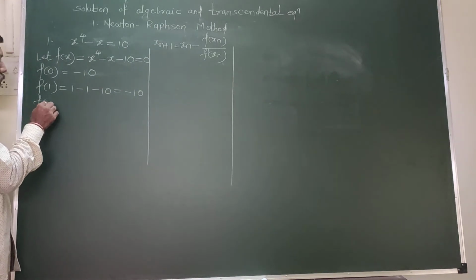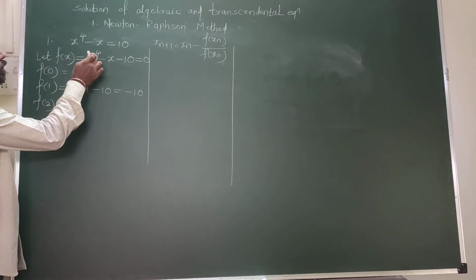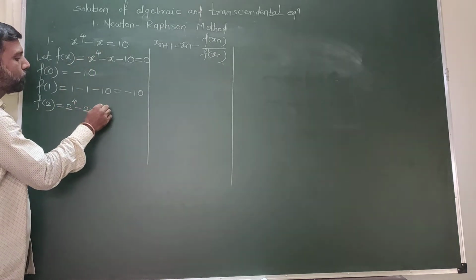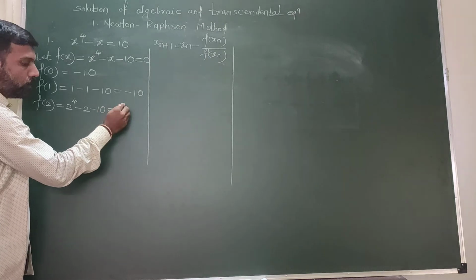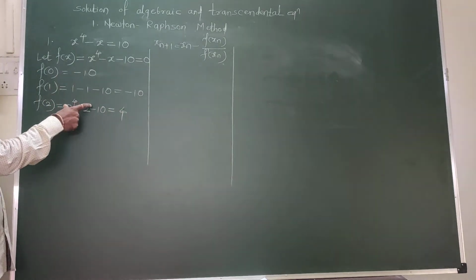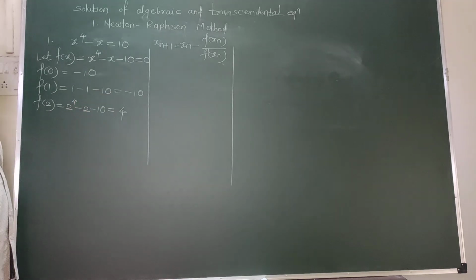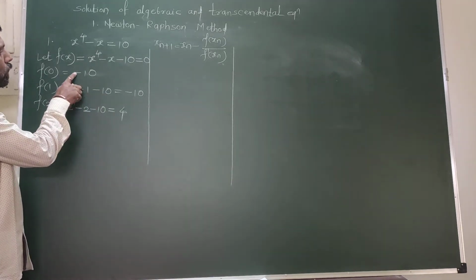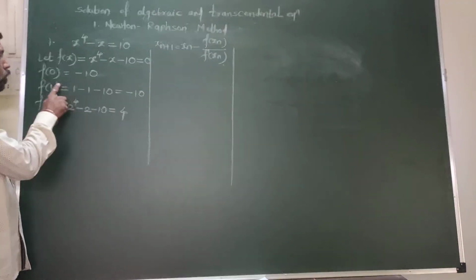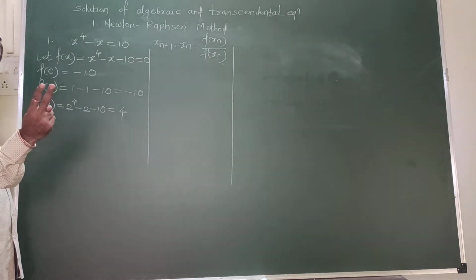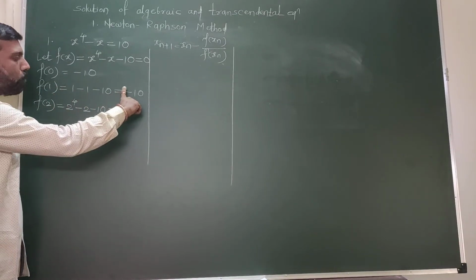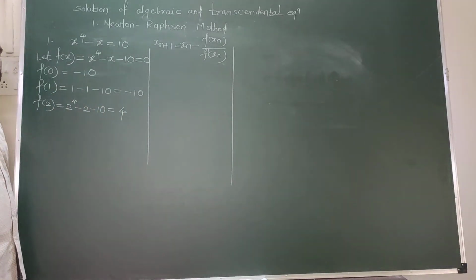Next, f of 2 substituted in this polynomial is equal to 4. Now we stop this procedure once we get an opposite sign. So the first value is negative, the next value is negative, but the third value becomes positive. So for two consecutive numbers, when the sign changes and they become opposite, we stop our procedure.